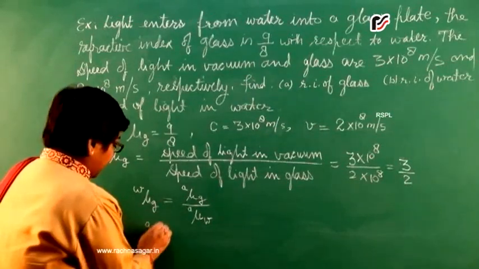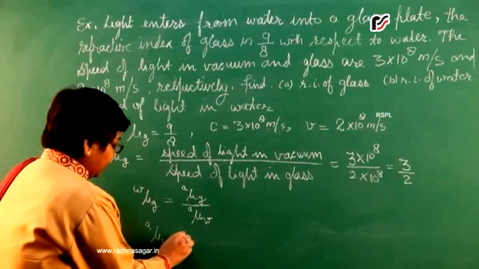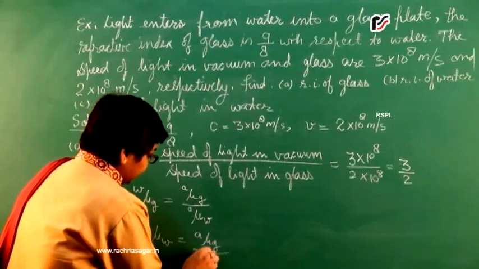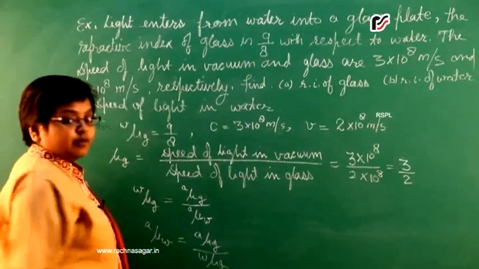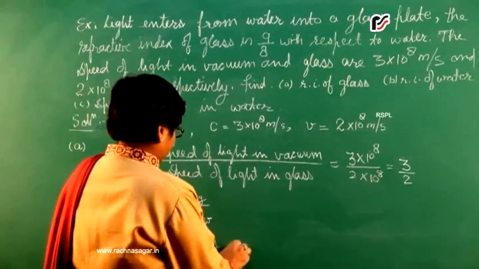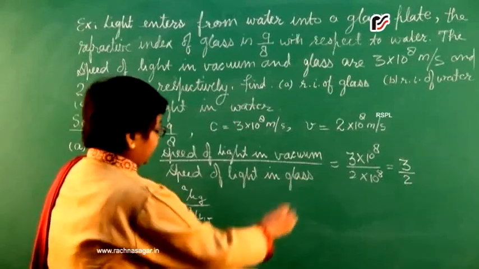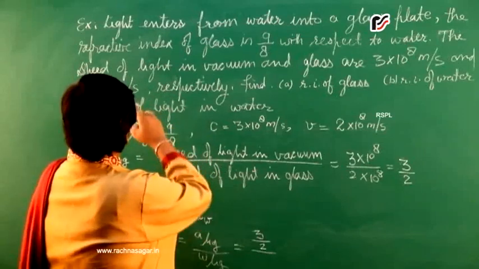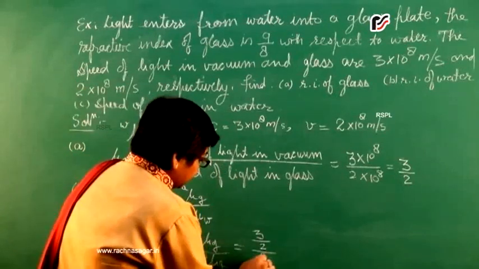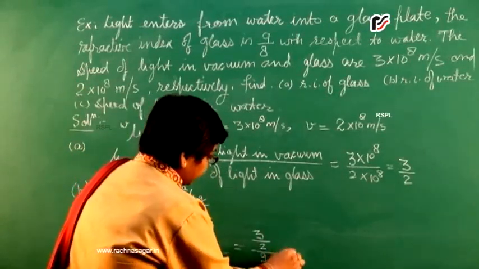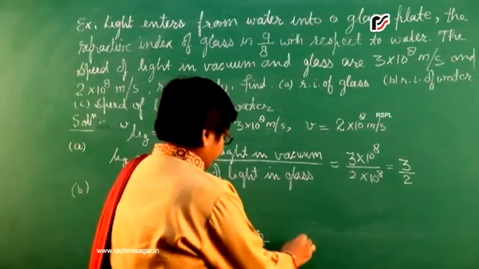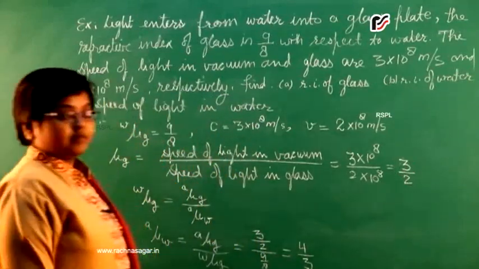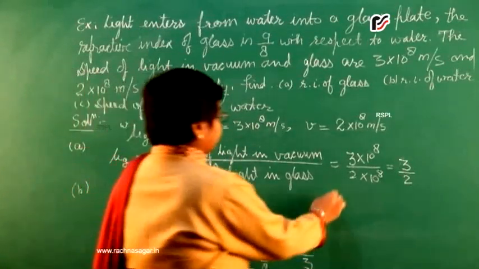If we want to find the value of A mu W, that is A mu G divided by W mu G, which equals A mu G from part A, 3 by 2, and W mu G is given as 9 by 8. The answer is 4 by 3. Now the case C.